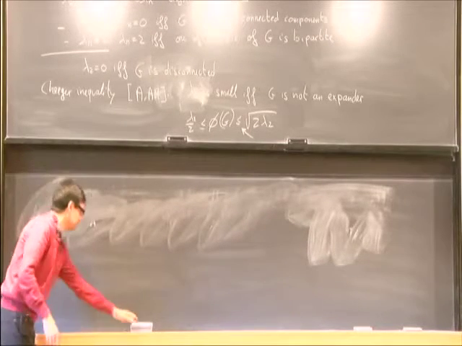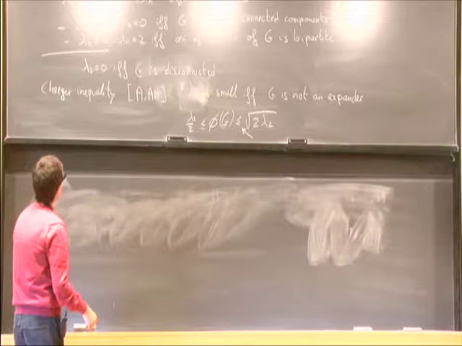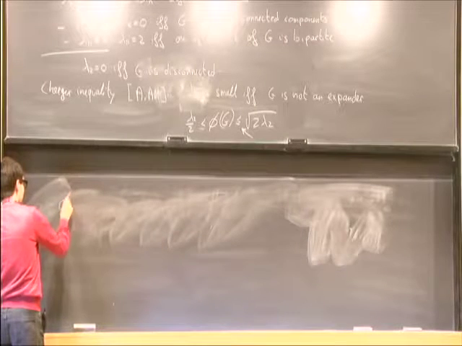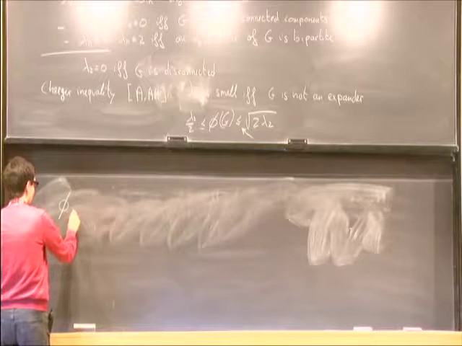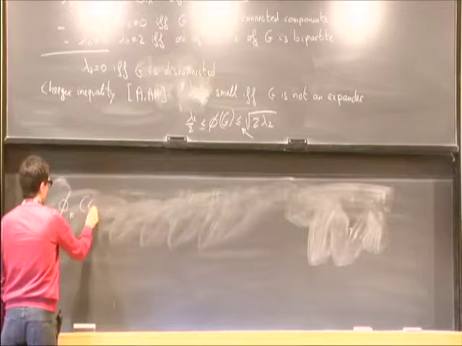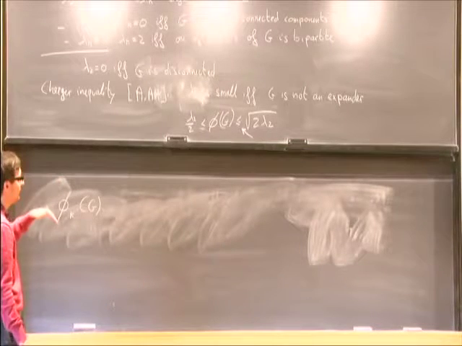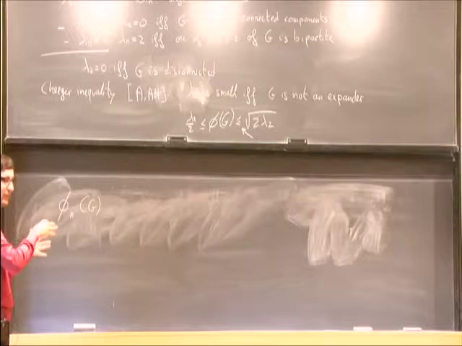So let's define a version of expansion of a graph. The definition of expansion I gave before talks about partitioning a graph into, well, finding a subset of the vertices.